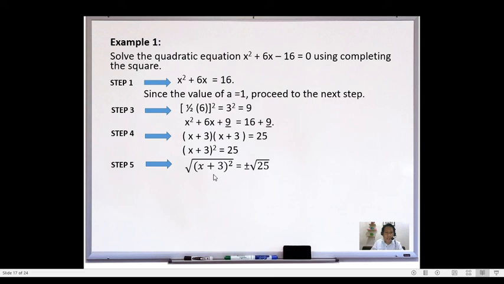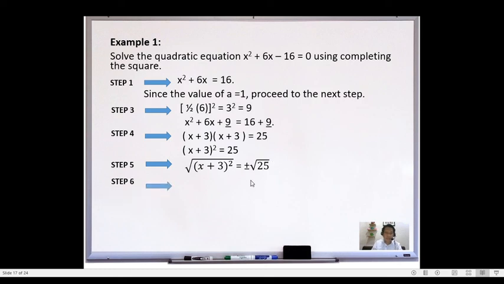For step number 5, that is extract the root. So this is square root both sides of the equation, that is the square root of the square of x plus 3 is equal to, we are going to prefix positive and negative, so that is positive negative square root of 25.